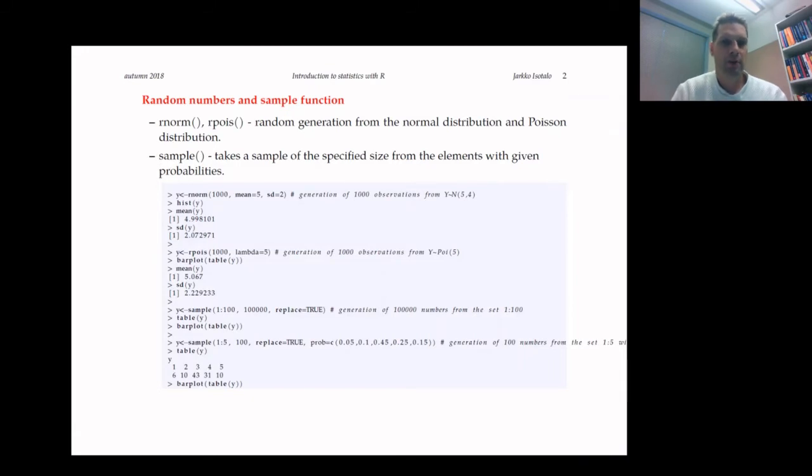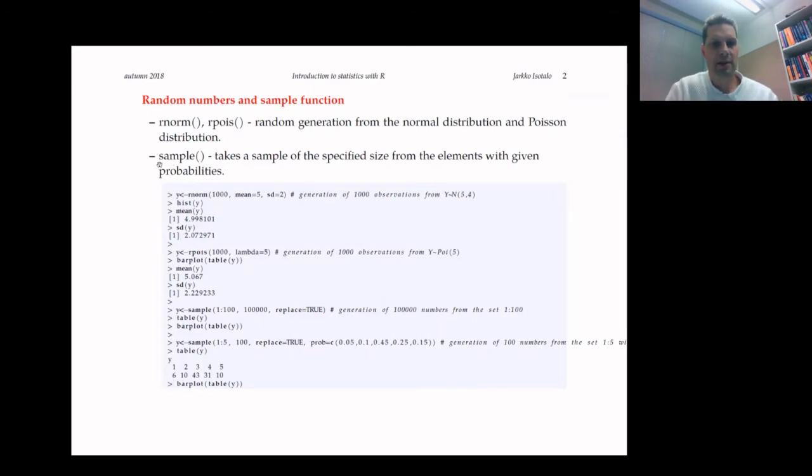Anyway, when we're talking about random number generation, we mean that we are artificially generating some sort of realization from some distribution. In R, in the case of normal distribution, the function is rnorm, and for the Poisson case, we can use a function called rpois as a way of simulating values from Poisson distribution.